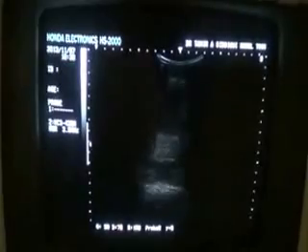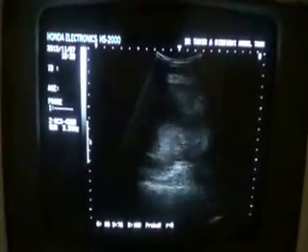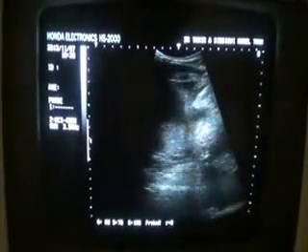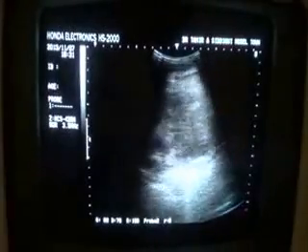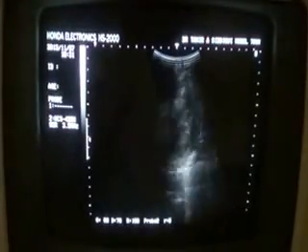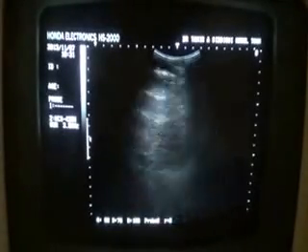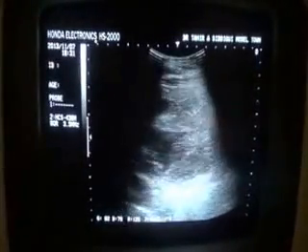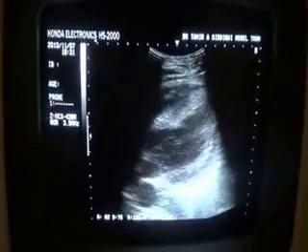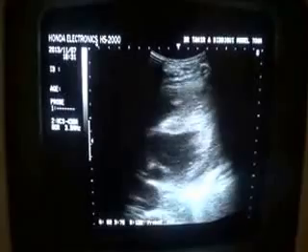The heart is dilated, all the cardiac chambers are dilated, and the finding is consistent with cardiomyopathy. This is the heart. Just see the thickness of the myocardium, the interventricular septum. This is the heart.